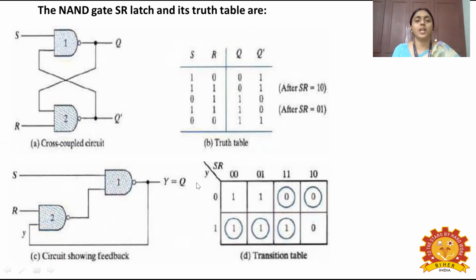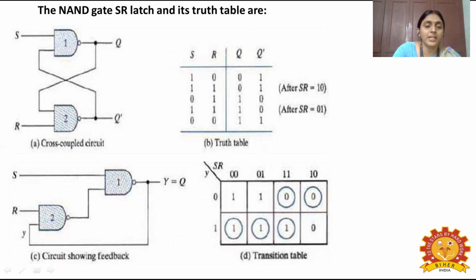And when the SR inputs have 0 and 1 values, then Q and Q dash will be 1 and 0. And when S and R change the inputs to 1 and 1 respectively, then the next state values of Q and Q dash remain the same, 1 and 0 respectively. And when S and R both have 0 as the input, then Q and Q dash will have 1 as the output.